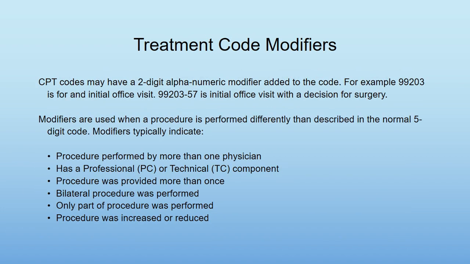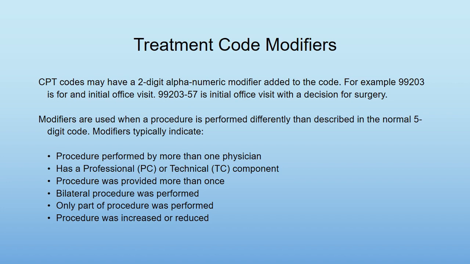Treatment code modifiers. CPT codes have a 2-digit alphanumeric modifier that's added on the end of the code. So an example would be a 99203 that's used for an initial office visit. You might have a modifier on the end, a -57 for this example, that indicates a decision was made for surgery at this visit.